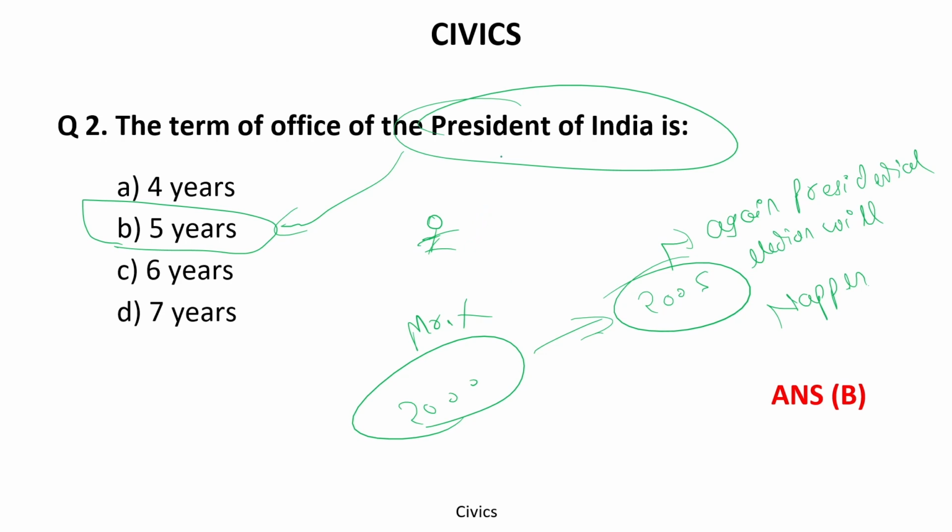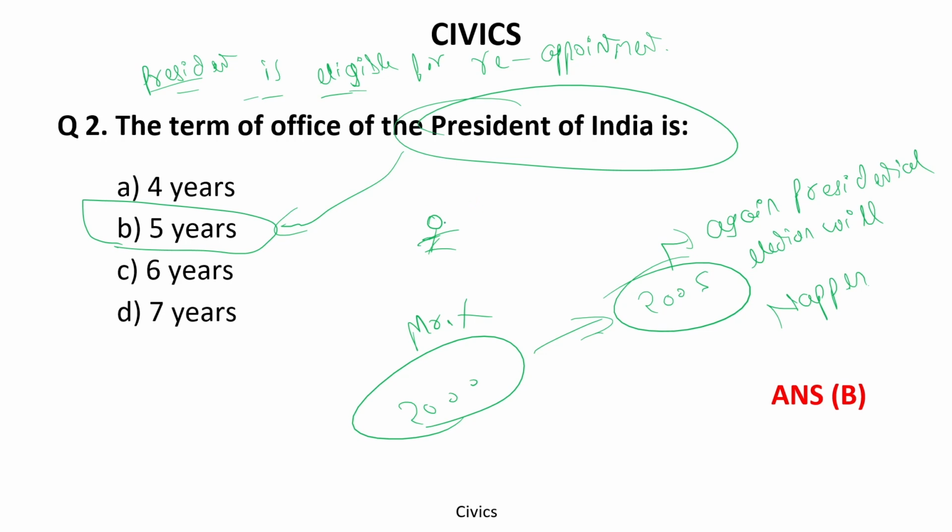But remember one point here: the president is eligible for reappointment. It means that the person who has served the country as president once can participate or be elected as President of India for another term.